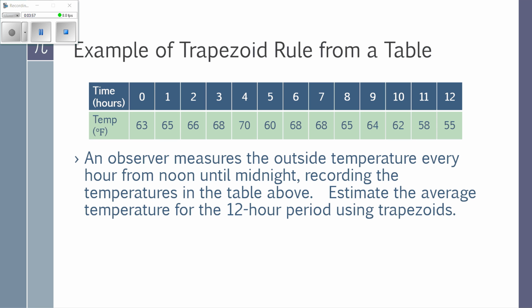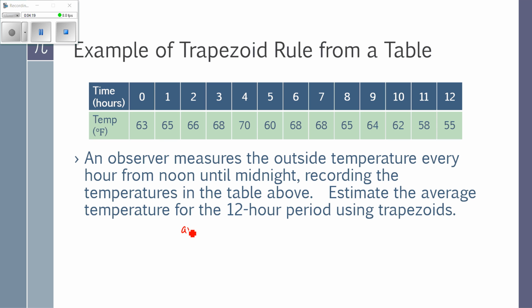And please note it said average temperature. Temperature is continuous data. We don't go from 63 to 65 without hitting every value in between 63 and 65. So there's an infinite number of temperatures that I have to take into account in this 12-hour period. So I have to treat this as the average value.